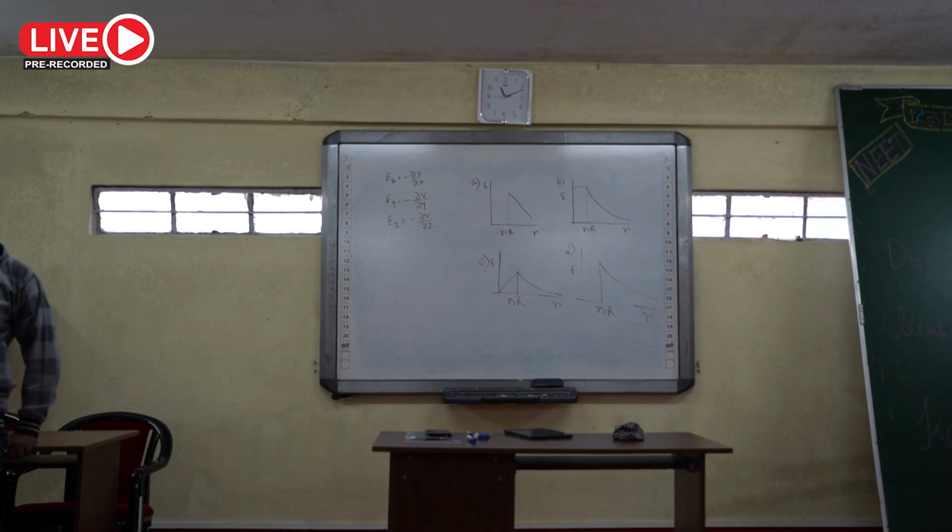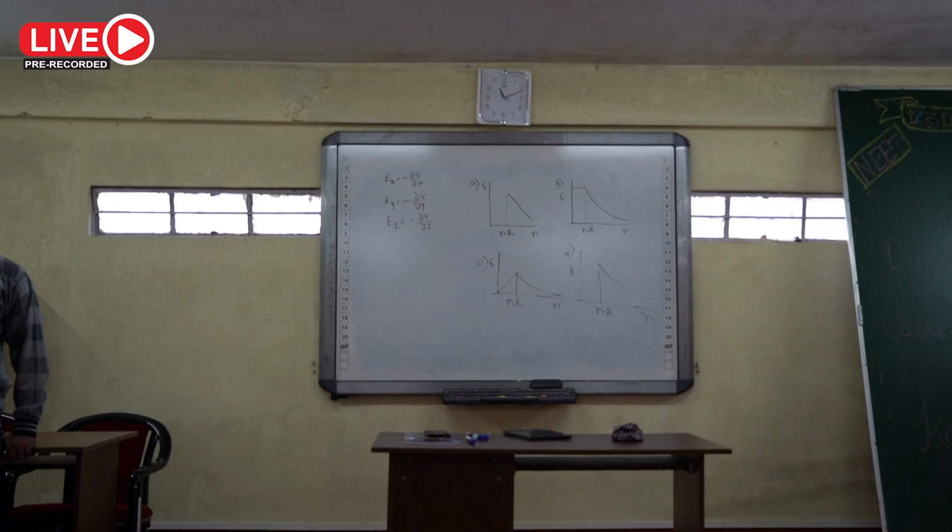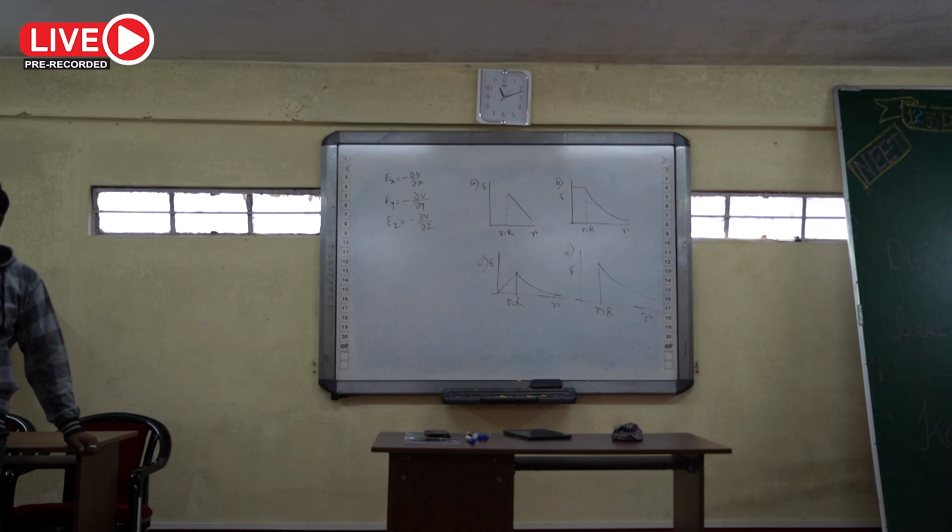First one is not correct because outside this sphere, the field does not vary linearly, it varies with inverse square. So a straight line graph will not be possible, and C is not possible because the sphere is not a non-conducting sphere. If it is a non-conducting sphere, then option C is correct. But since it is a conducting sphere, option D is correct.